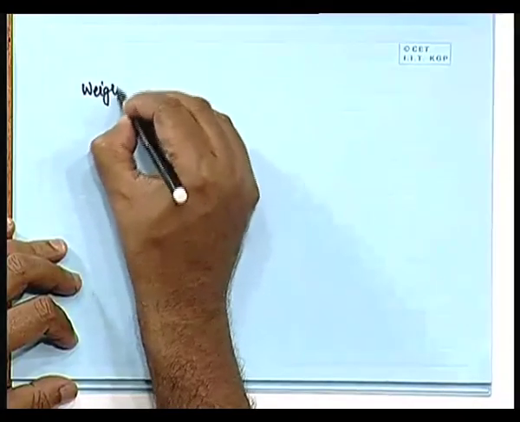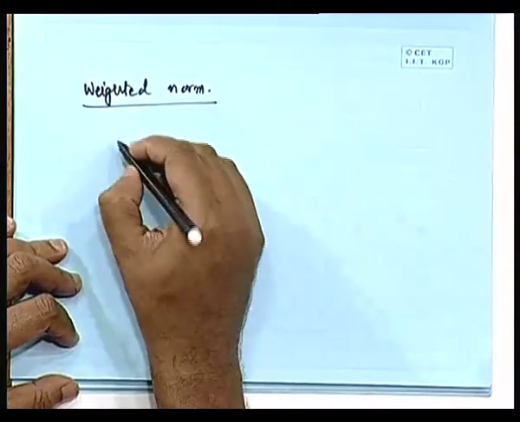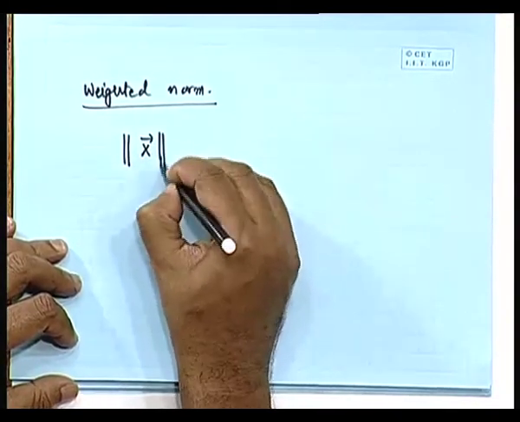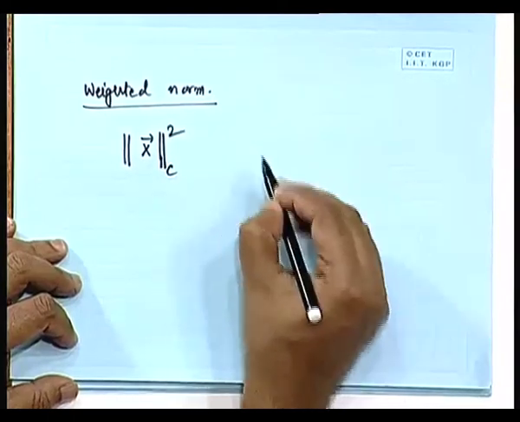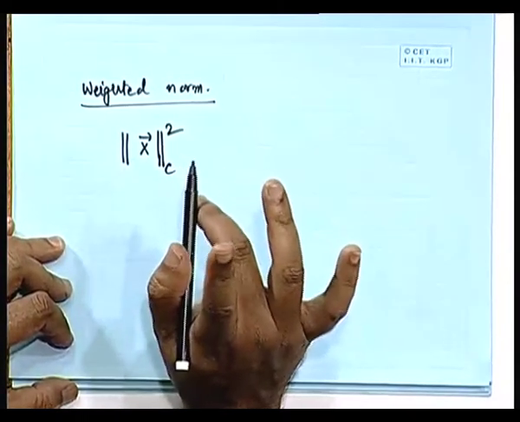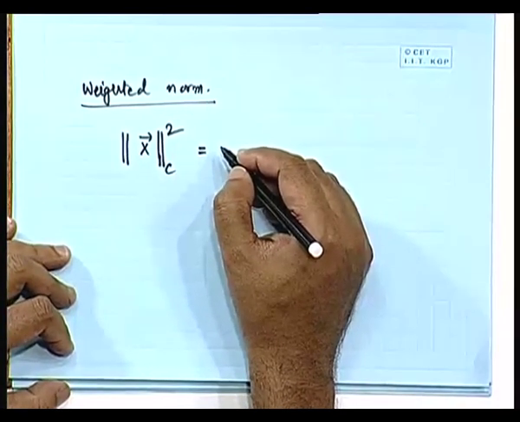So, we first have some discussion on the weighted norm. What we define as a weighted norm is this: x is the vector that we are considering, and we take the weighted squared norm of the vector x. This is also a squared norm, different from Euclidean, and weighted by what? Here we are making use of a matrix of size m0 by m0.